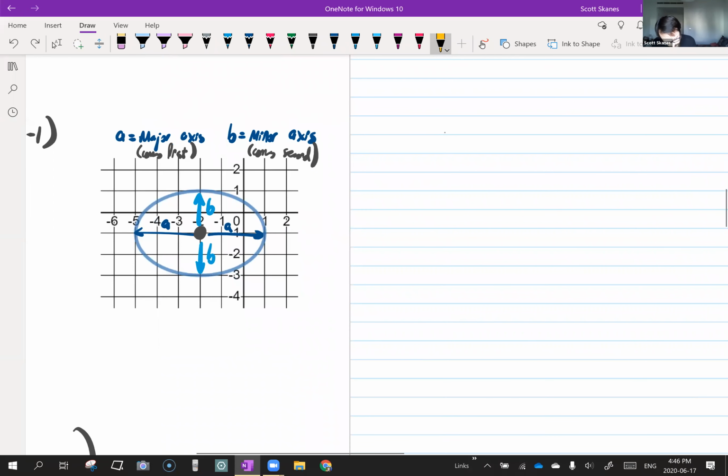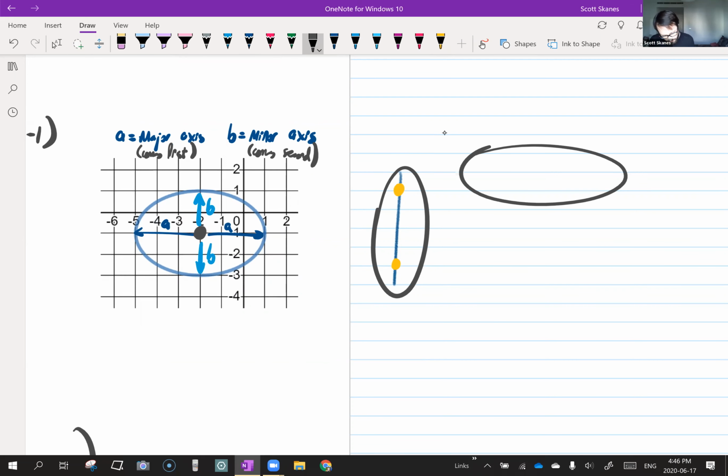For example, if you had an ellipse like this, you'd have your major axis. The foci would be somewhere up there and there, so you'd have to add it to the y values. If you had an ellipse like this, which we just did, we would have our major axis this way. Once again, we would have to add it to the x values.